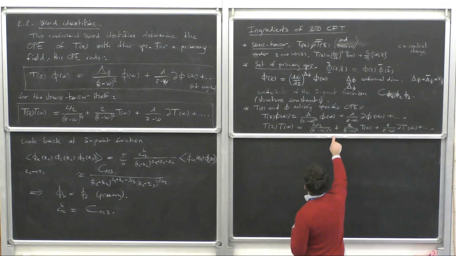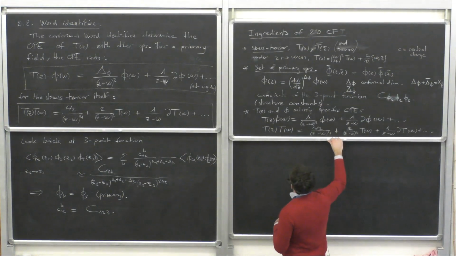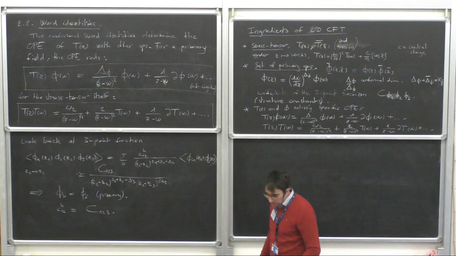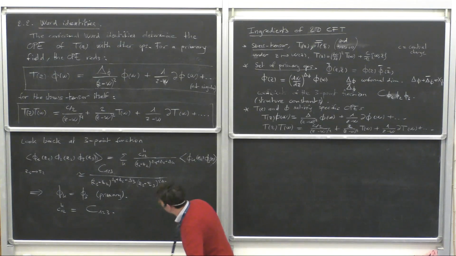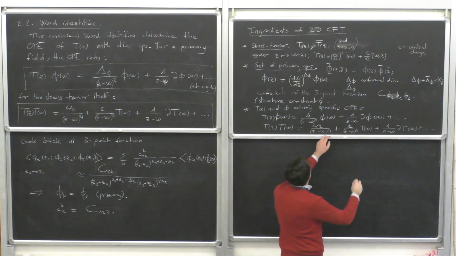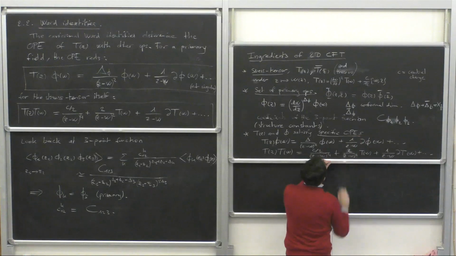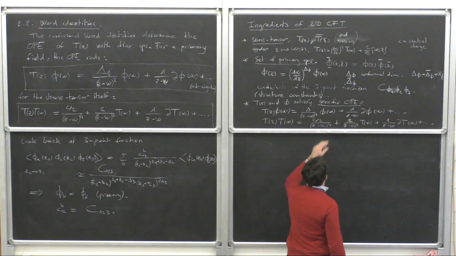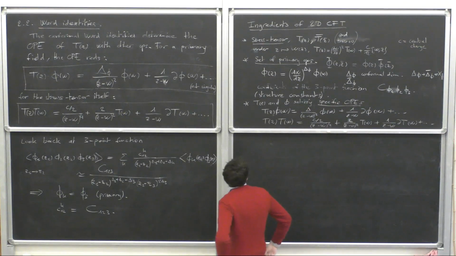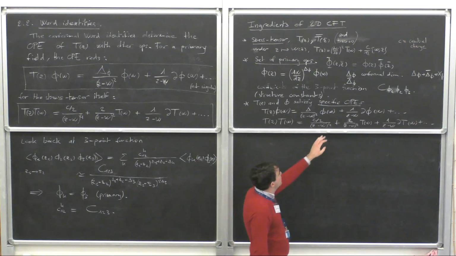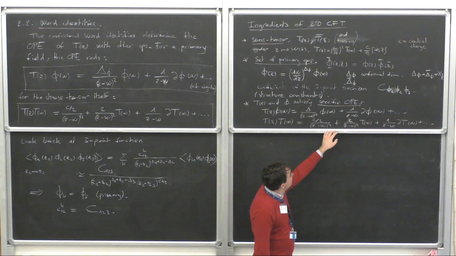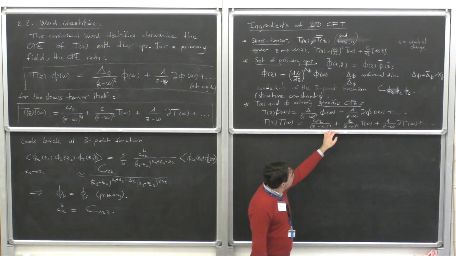Okay, so we have arrived at this. In general, we have these ingredients. We have a stress tensor. We have a set of primary operators. Their 2-point function is fixed.